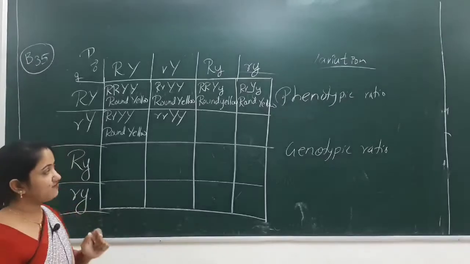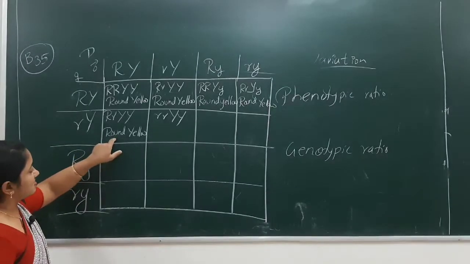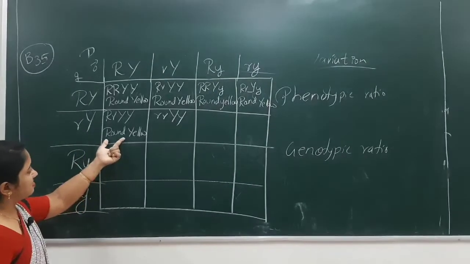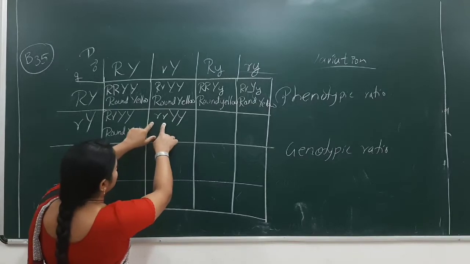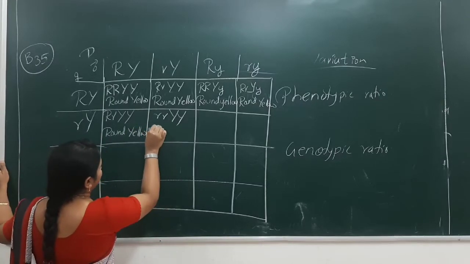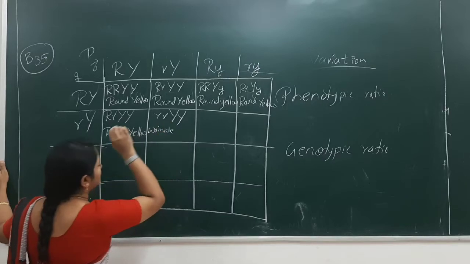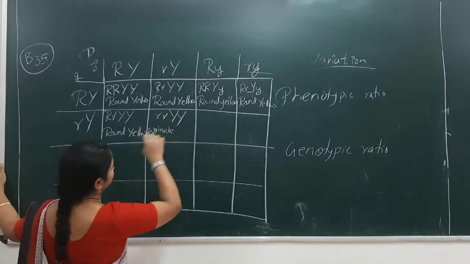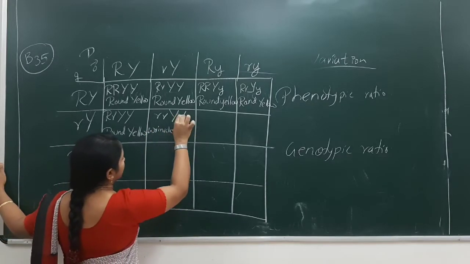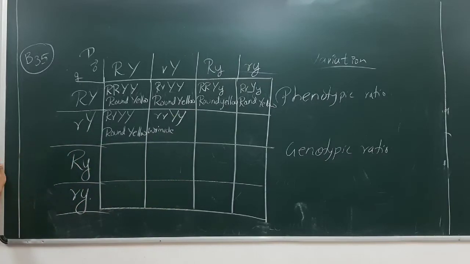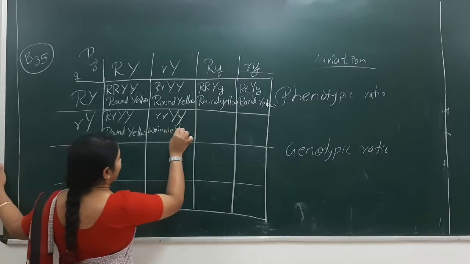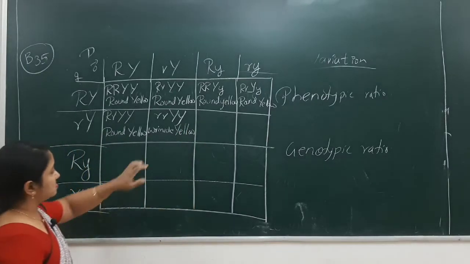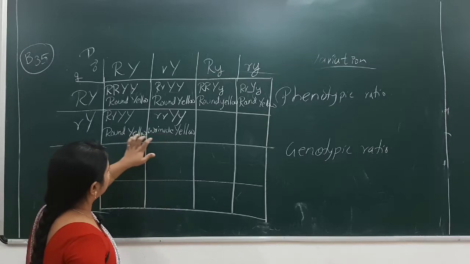So for that, what we have to write: the round shape indicates the dominant trait. If small r and small r come together, we have to write the wrinkle trait or wrinkle character under this. Capital Y, both are in the homozygous condition. For that we have to write the yellow character, wrinkle and yellow.